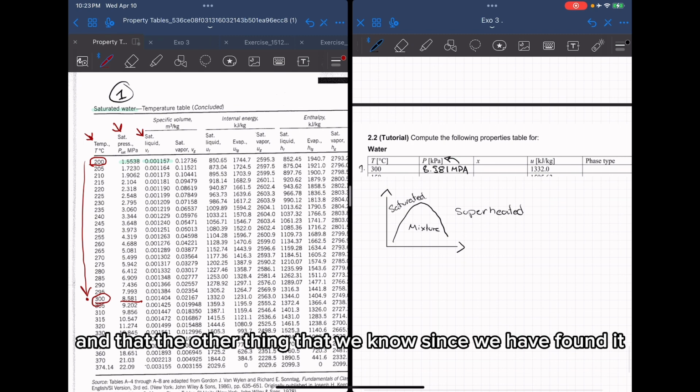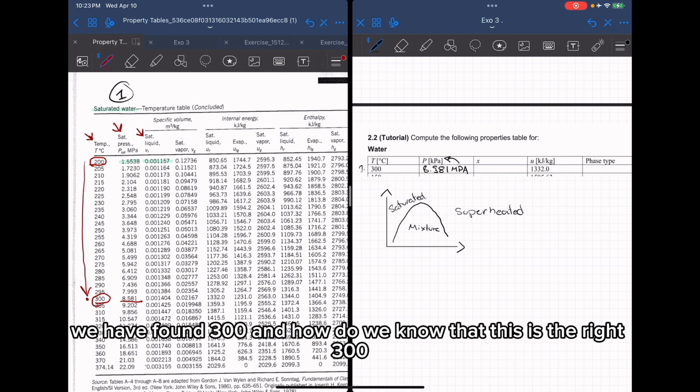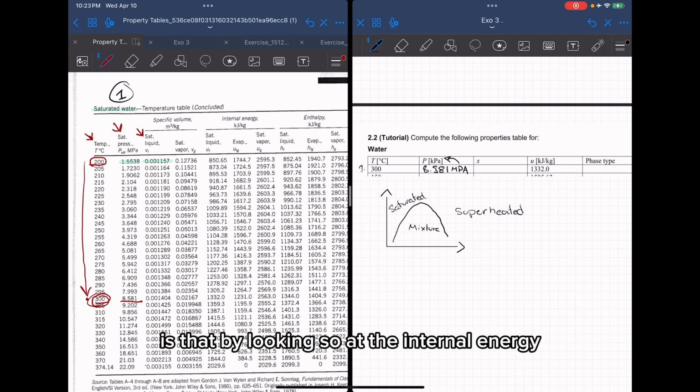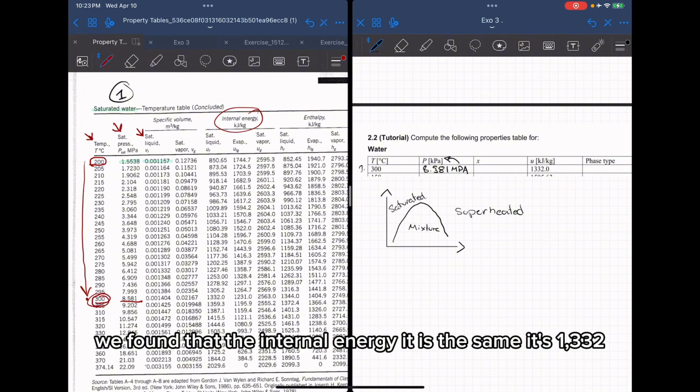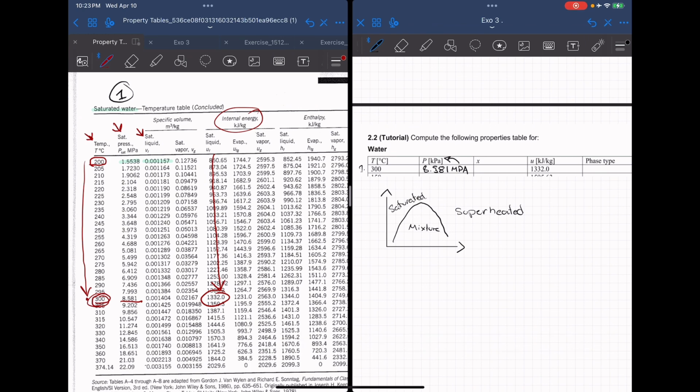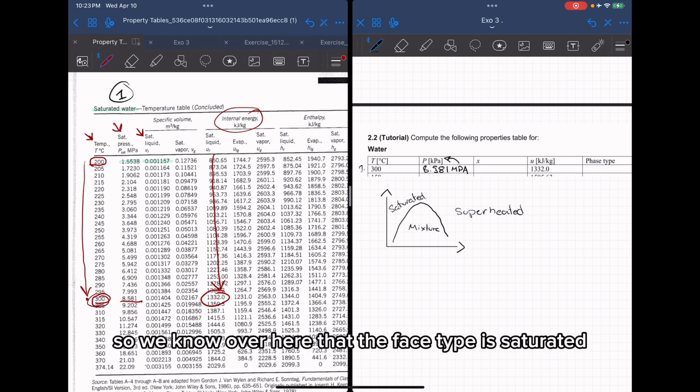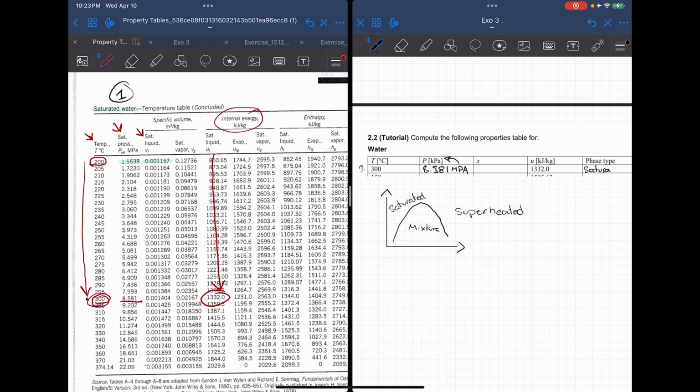And the other thing is, since we have found 300, how do we know that this is the right 300? By looking at the internal energy, we found that the internal energy is the same. It's 1332. So we know over here that the phase type is saturated liquid.